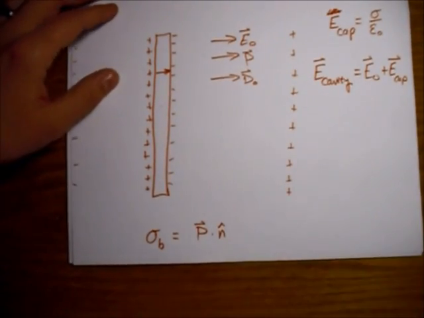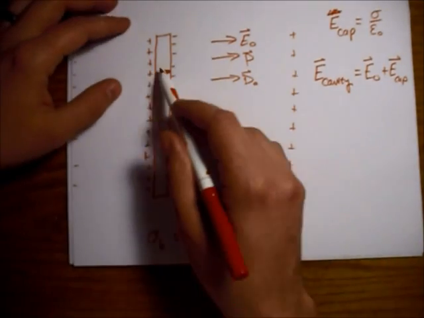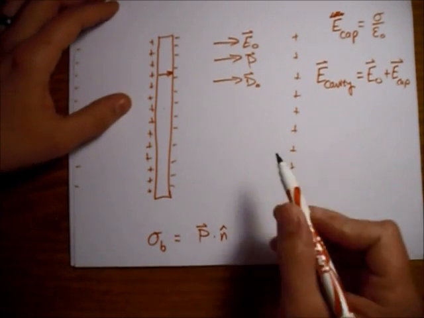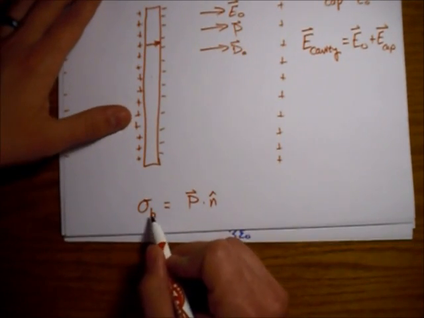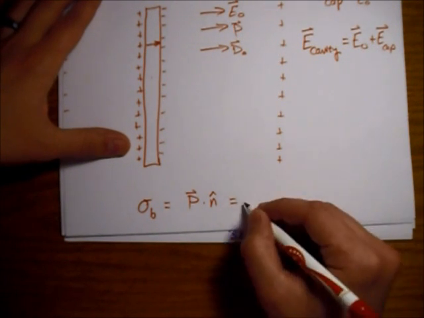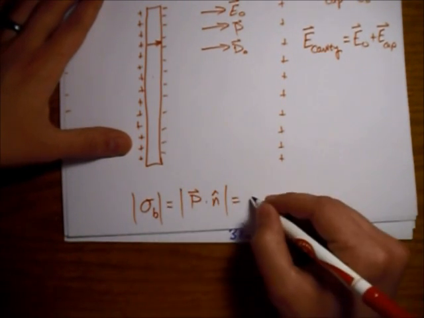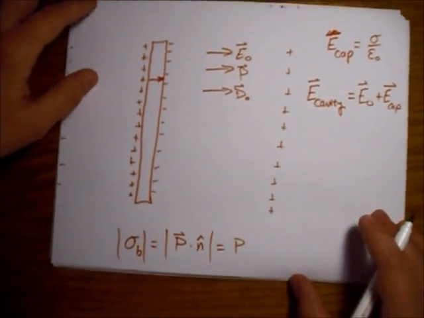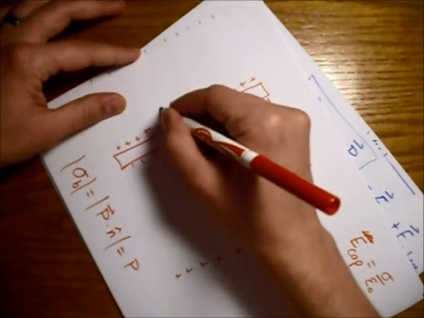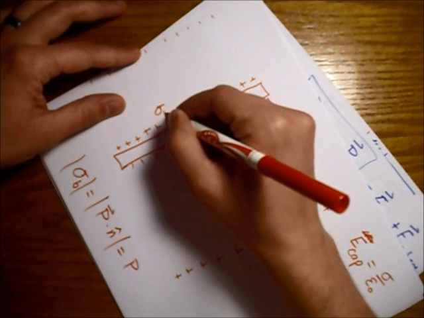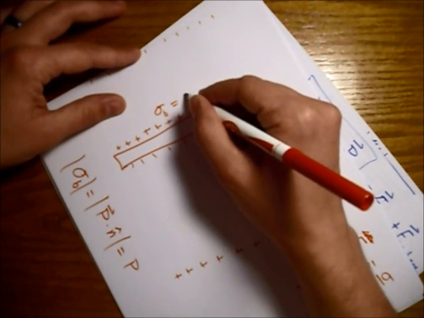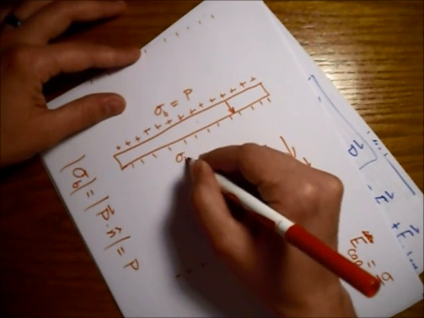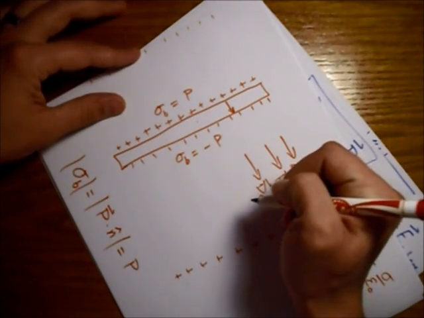We'll figure out the direction of the vectors based on the signs of the charges. The magnitude is just P. So sigma bound equals positive P on this side and a minus P on that side.